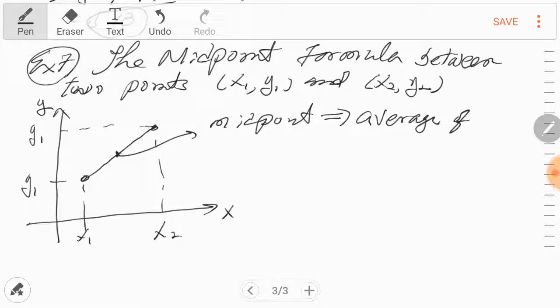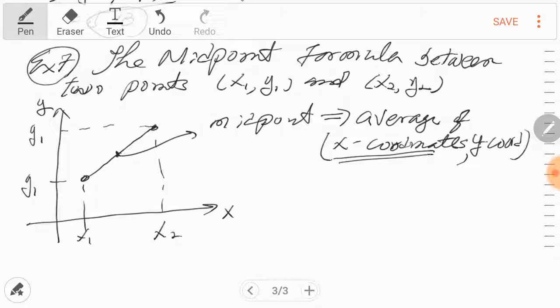of x coordinates, and then the average of the y coordinates. So the average means add 2 numbers and divide by 2. So the midpoint is the average of the x coordinates.